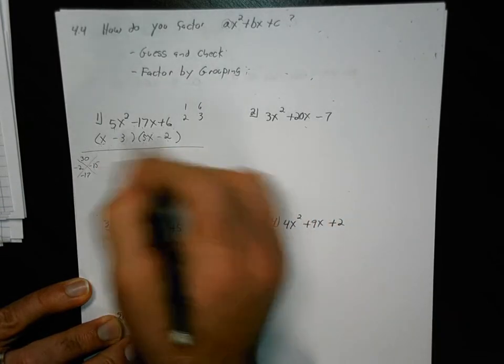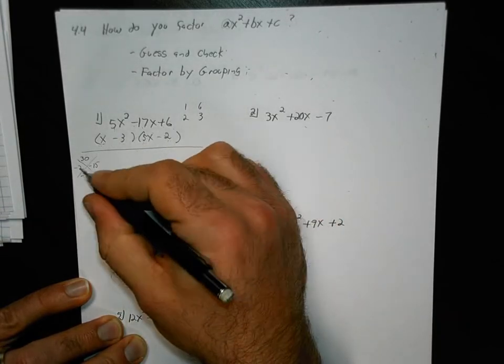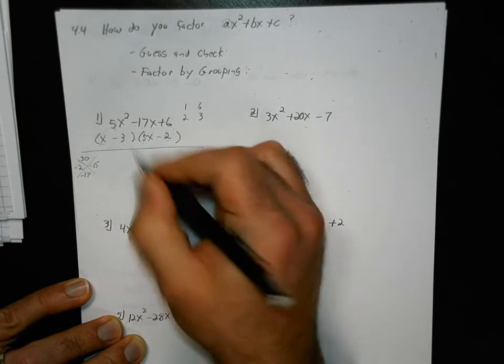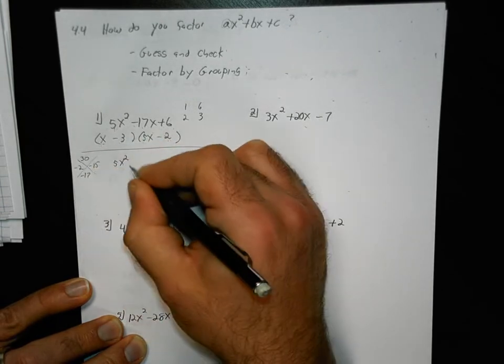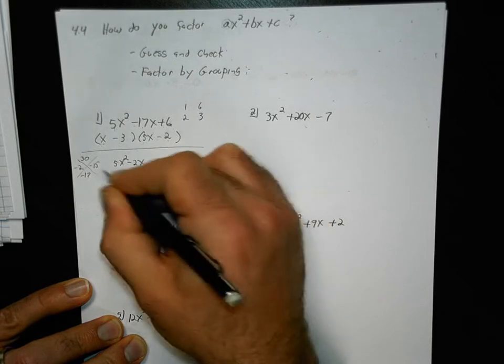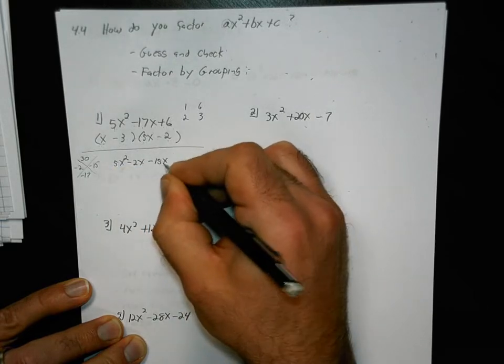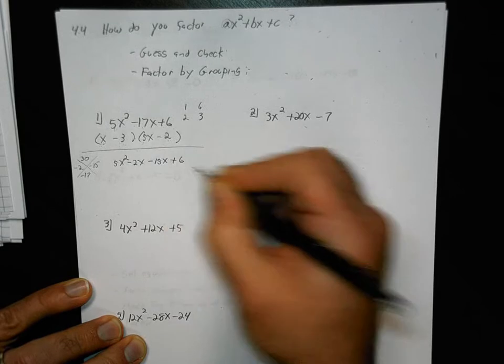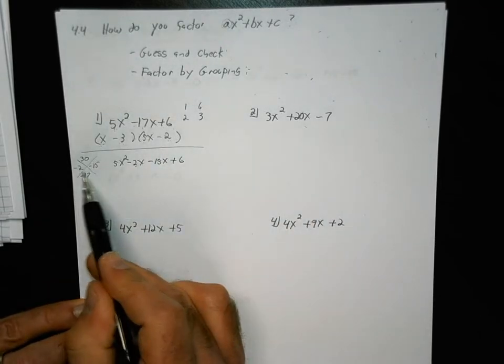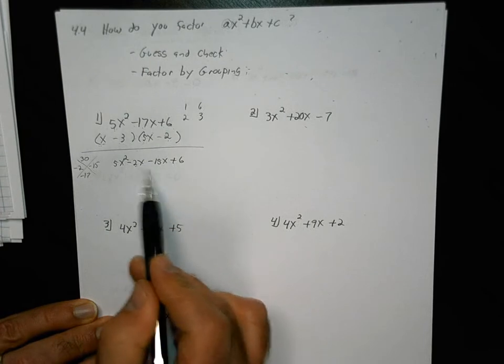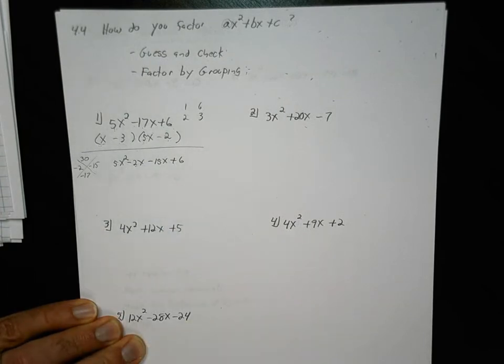The second step is to rewrite this with these as my x terms now. So you've got 5x squared minus 2x minus 15x plus 6. Okay, they still add up to -17, and it doesn't really matter which order you put them in, but it looks like that.